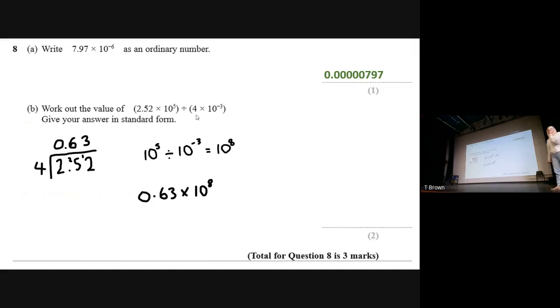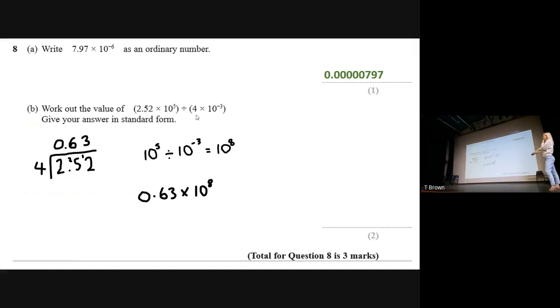Not brackets. Good guess though. What does a number have to be in standard form? Yeah, good. So it needs to be between 1 and 10. Well done. It's not in standard form unless that number is between 1 and 10.